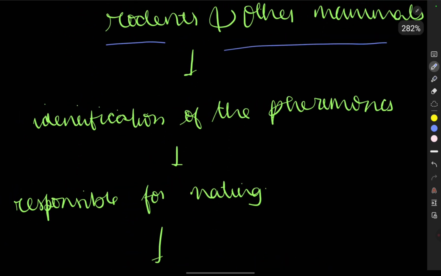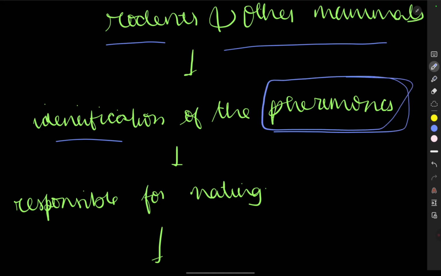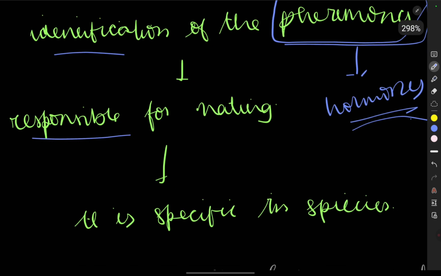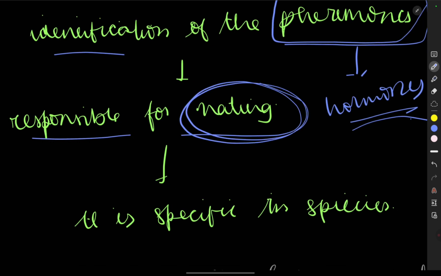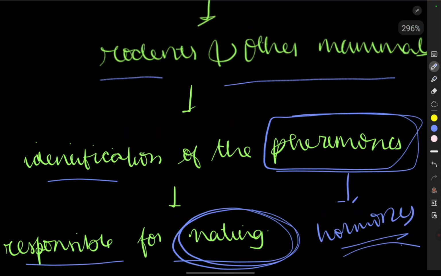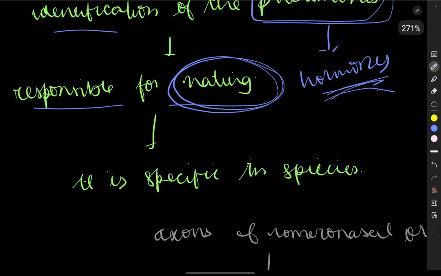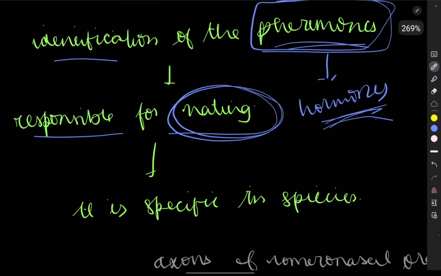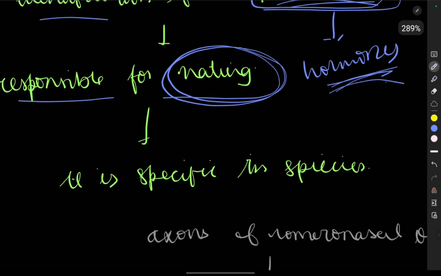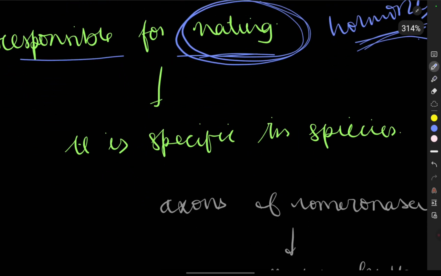It helps in identification of pheromones. Pheromones are hormone-like substances related to olfaction, responsible for mating in animals. It helps in identification of the pheromones of the same species, not different species. It is species specific.